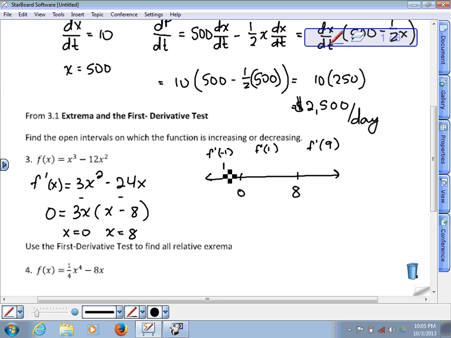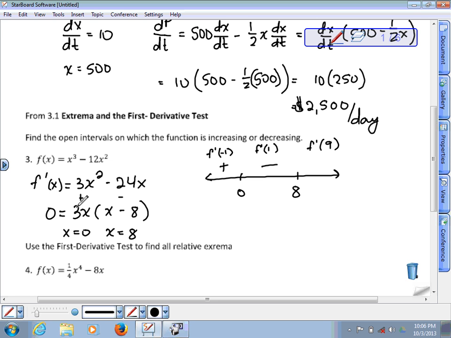Negative times a negative yields a positive. Now testing f prime evaluated at x equals 1. 3 times 1 is a positive value, but 1 minus 8 is still a negative value. Positive times a negative is a negative.